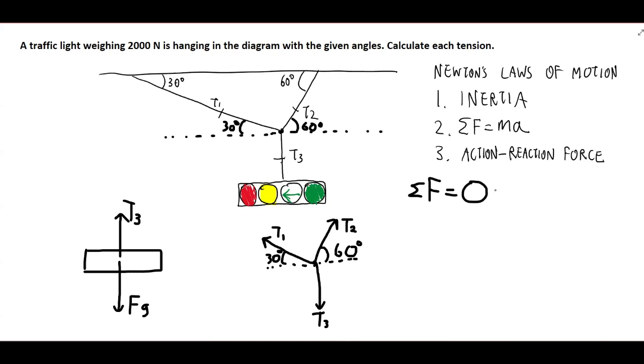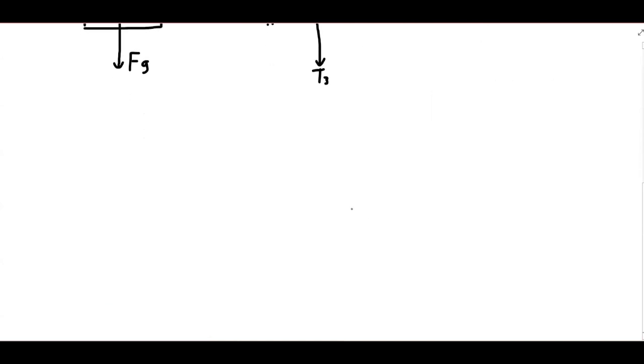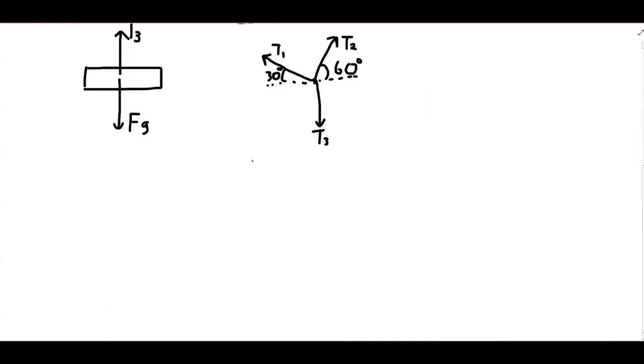And since there are two directions we need to analyze, I'm going to first analyze the sum of the forces in the x component. So over here in this free body diagram, I need to break into two components, x and y.